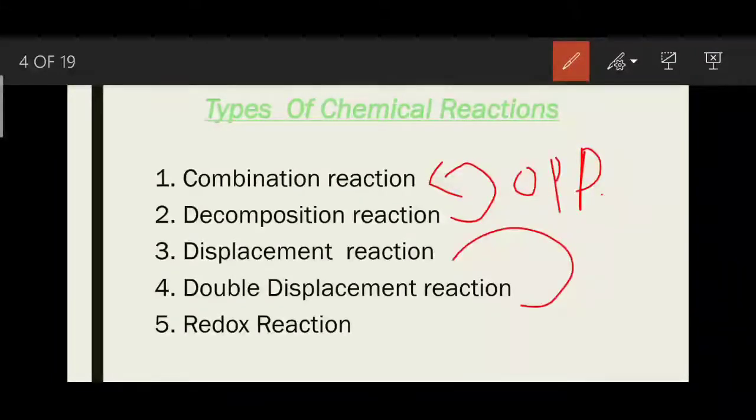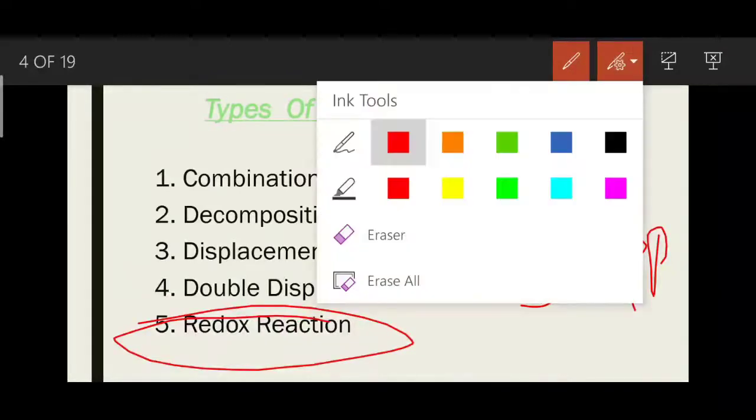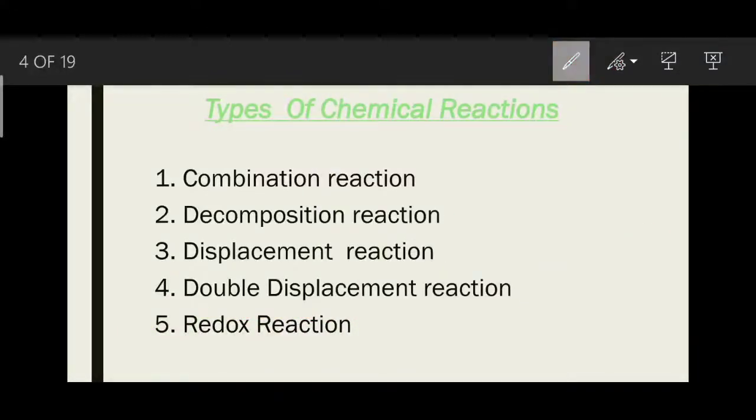Double displacement is half similar to displacement reaction, but we can say that it is also the opposite of displacement reaction. Redox reaction is a new and interesting topic. So let's see what is next.